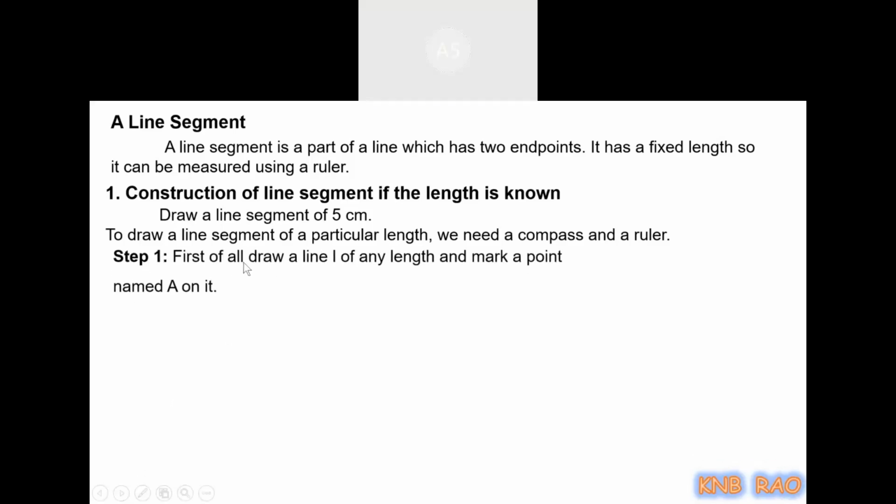First, draw a line L of any length and mark a point A on it. I will show you by doing it. There is a line L taken, and you mark a point on it. This is point A.